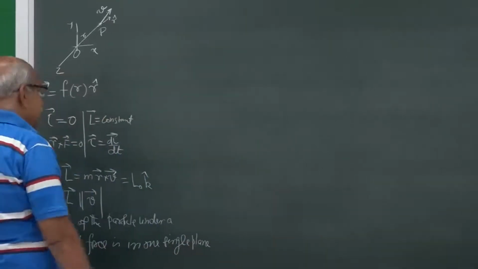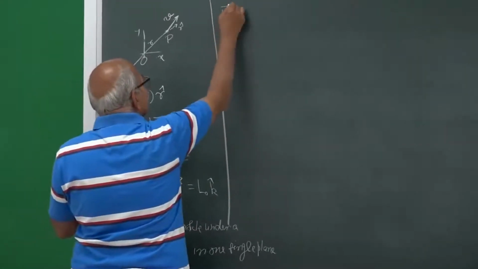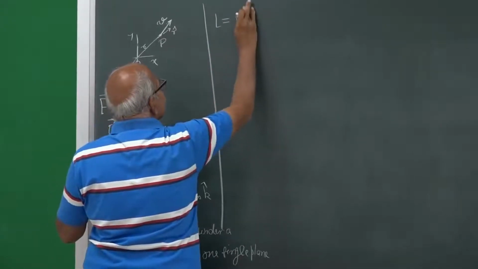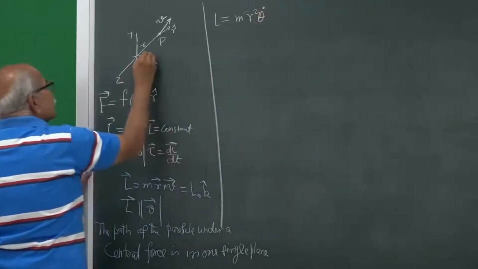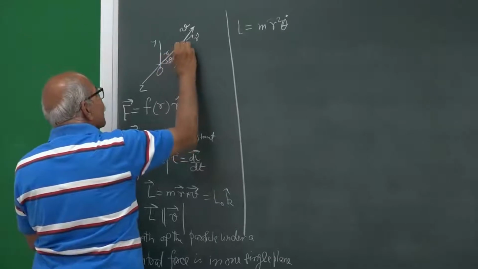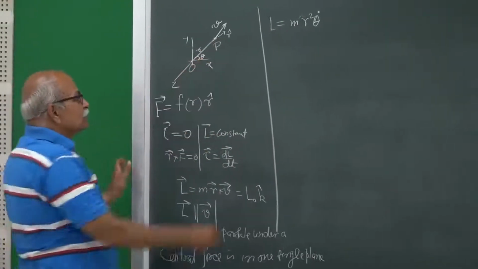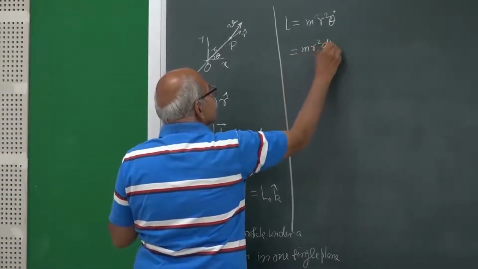Then the other thing we found is that the magnitude of L is m r square theta dot. This angle is known as theta and this distance is known as r. So, r square and theta dot means d theta dt, m r square d theta dt.